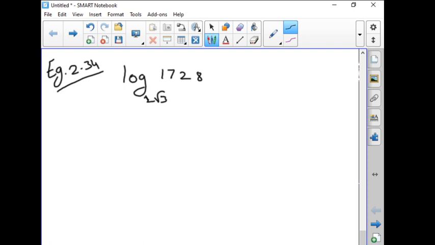Now take this as x. Writing in exponential form, how will you write this? 2 root 3 power x is equal to 1728. I have told you, the base is the base in exponential form also. So 2 root 3 power x is equal to 1728.